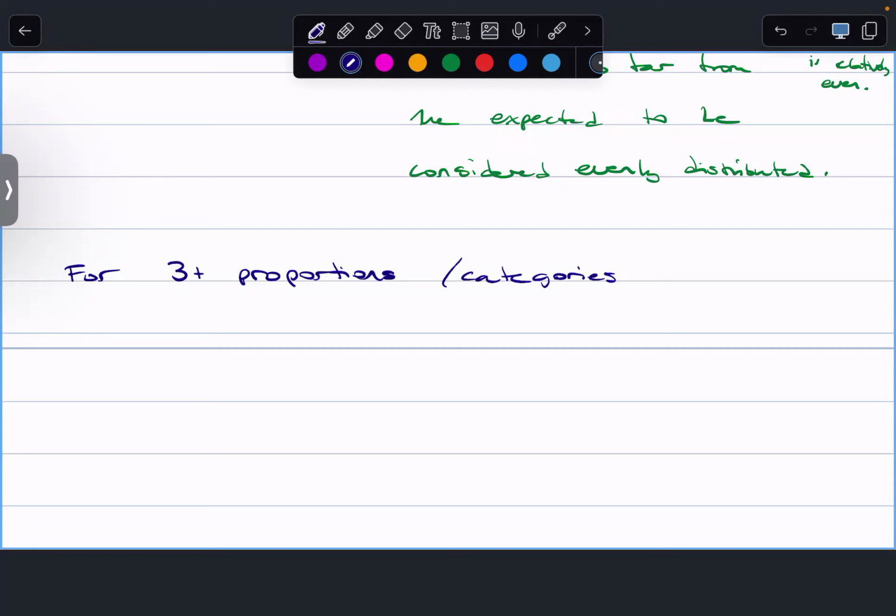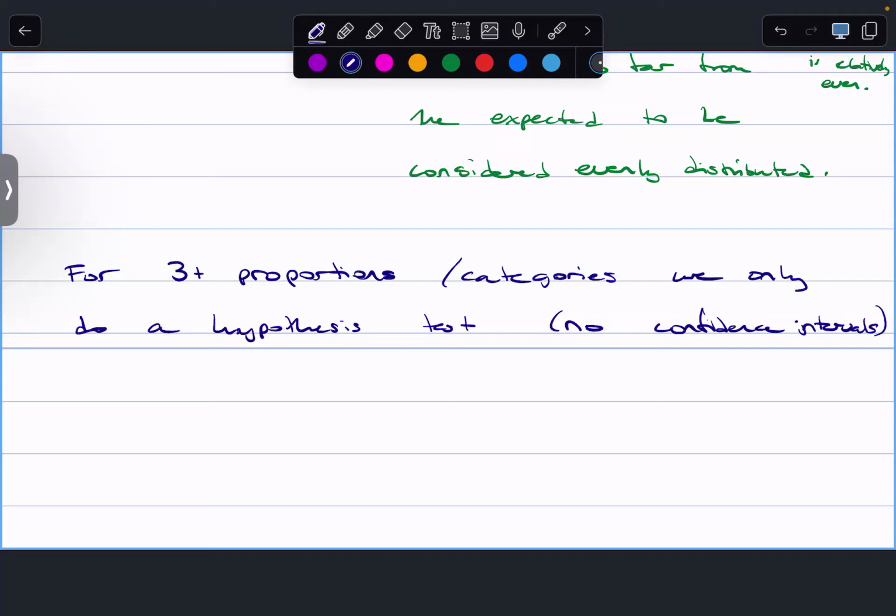So for 3 plus proportions or categories, we only do a hypothesis test, which means no confidence intervals. Kind of nice, but also sad. All right, so what are some things that we need to know?